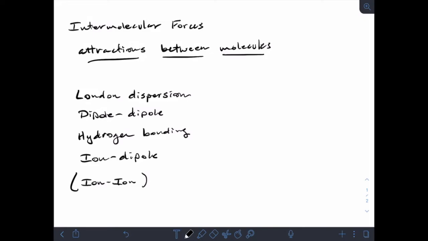Okay? Because ion-ion forces are not so much attractions between molecules as they are attractions between ions, which is kind of a slightly different idea. But our main intermolecular forces that we're going to be talking about are these first four. And the London dispersion is the weakest of the forces, and the ion dipole is the strongest of the forces.